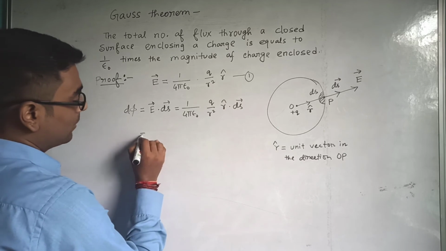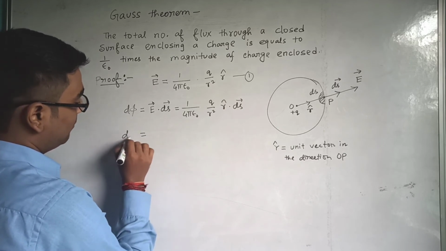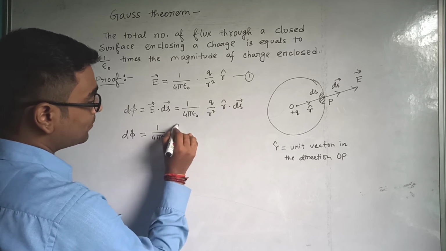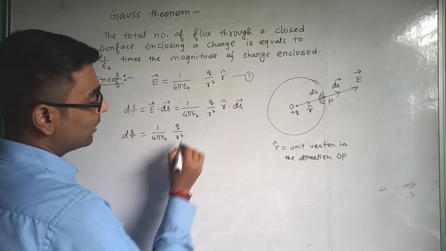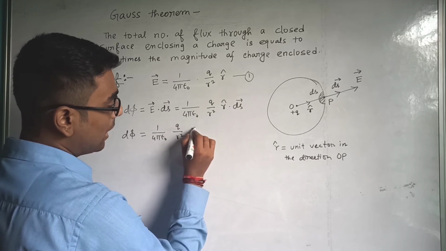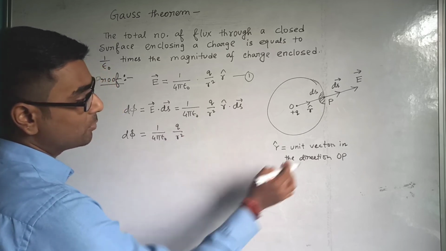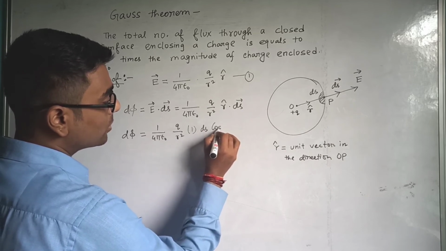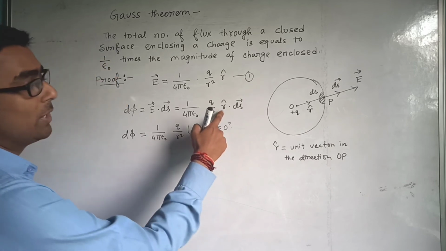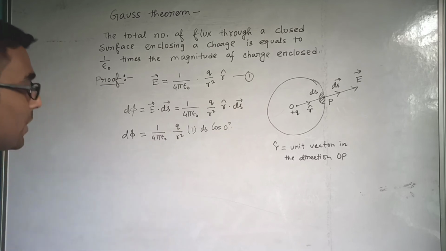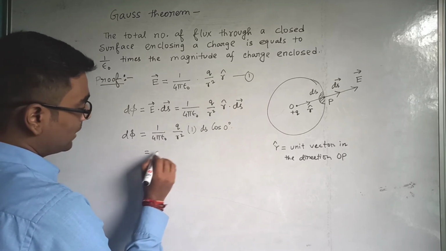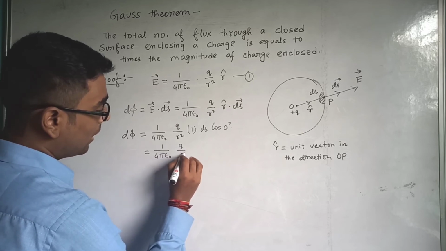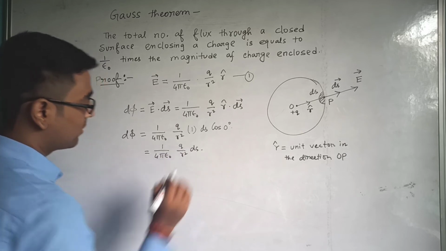So d phi is equal to 1 by 4 pi epsilon naught Q by r square, times the magnitude of the unit vector, 1, times ds cos 0 degree, as the angle between r and ds is 0 degree. As a whole, d phi is 1 by 4 pi epsilon naught Q by r square ds.